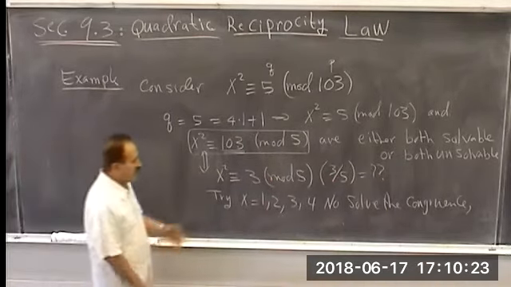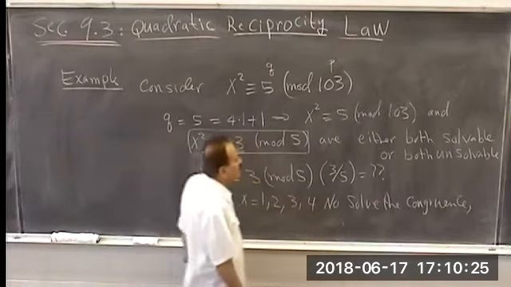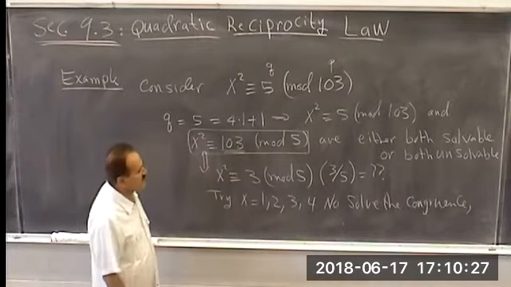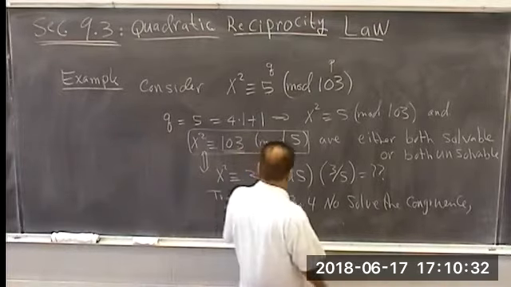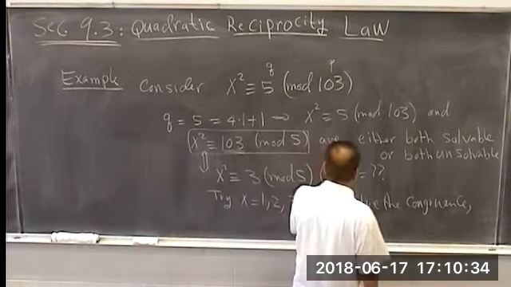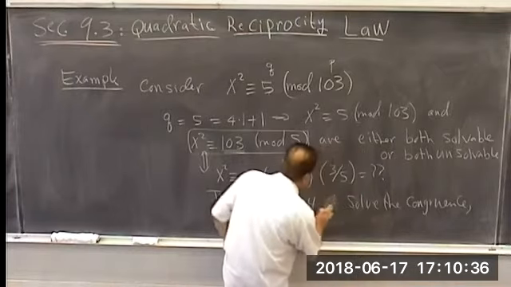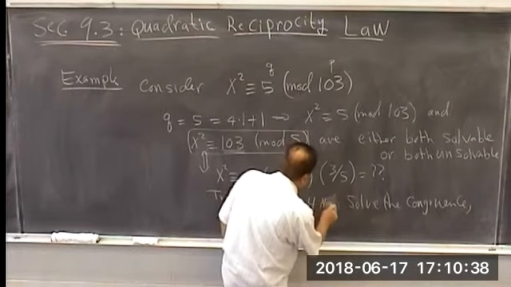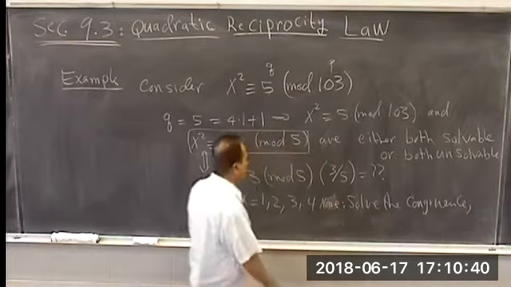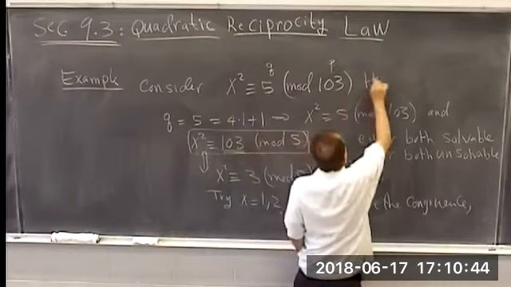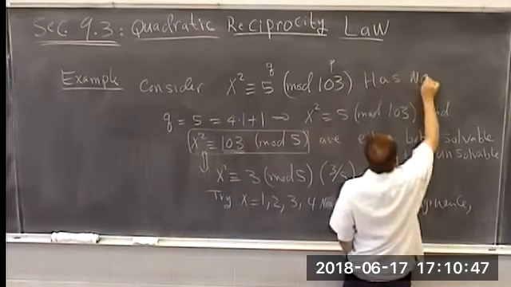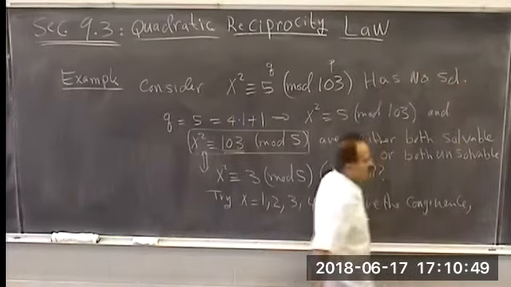But for now, not doing much work here, we say this has no solution. None of these numbers solve this congruence, which means that this one has no solution.